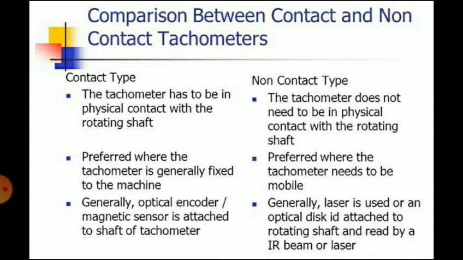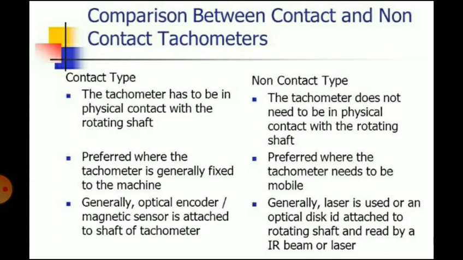Non-contact type is preferred where the tachometer needs to be mobile. In a contact type, generally an optical encoder or magnetic sensor is attached to the shaft of the tachometer. And in non-contact type, generally a laser is used, or an optical disc is attached to the rotating shaft and read by the IR beam or laser. So that is the comparison between contact type and non-contact type.